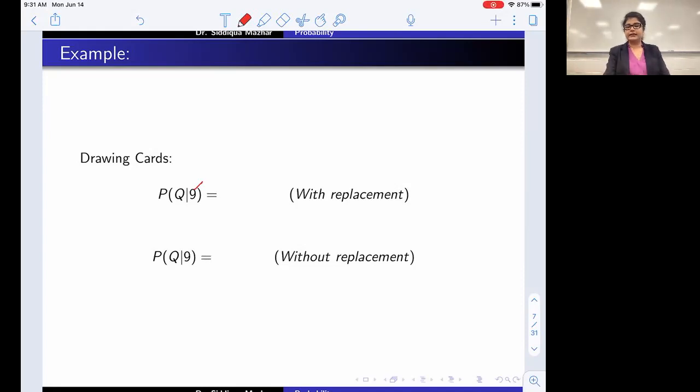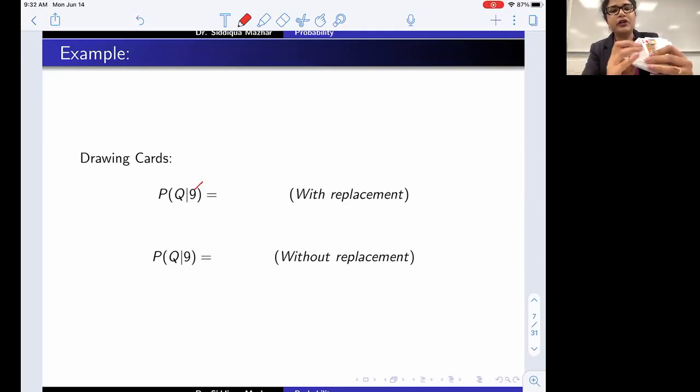For instance, this is the deck of cards I have. Let's say I'm looking for the probability of finding 9 in that. There are 4 symbols: heart, diamond, club, and spade, and each suit has 13 cards.